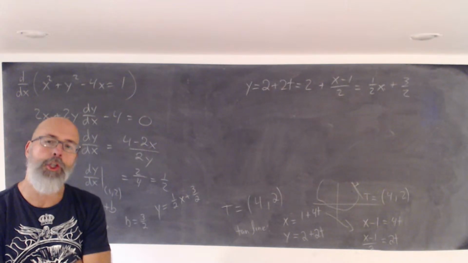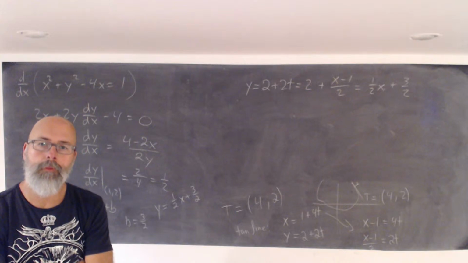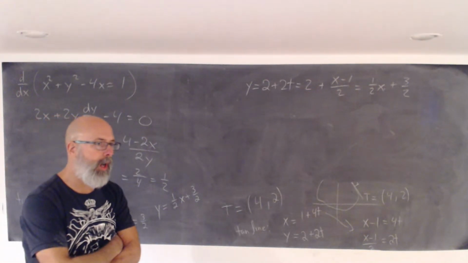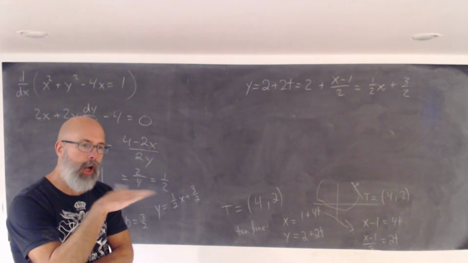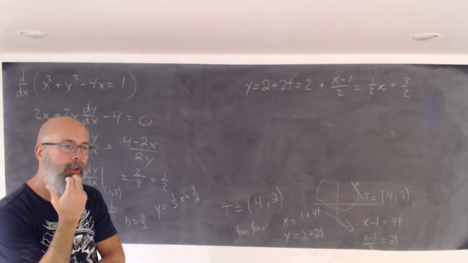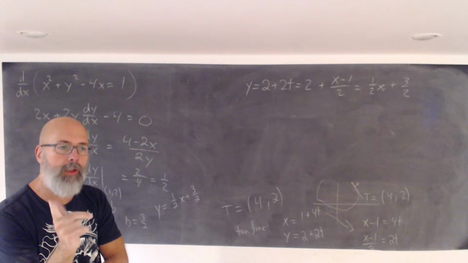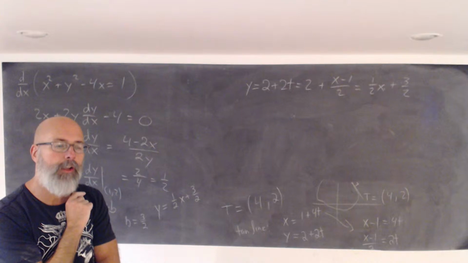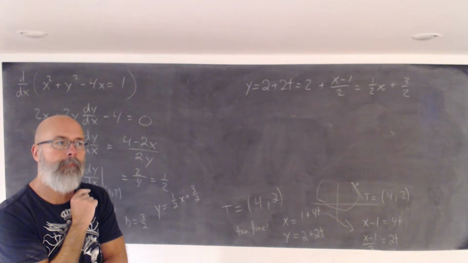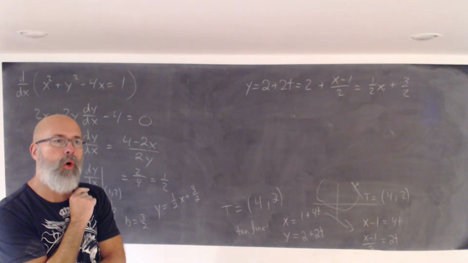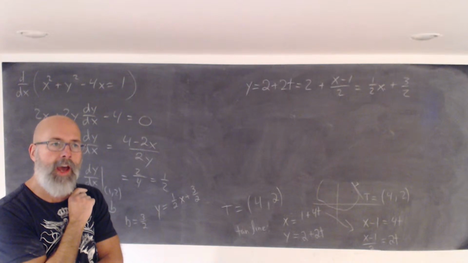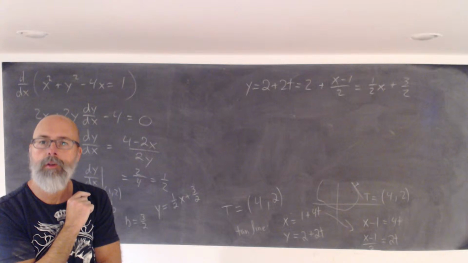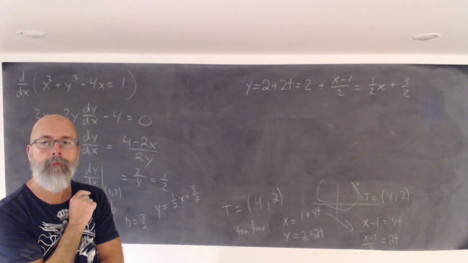If you have a function, that's never going to happen. If z equals f of x, y, for any fixed point (x, y), there's only supposed to be one z value. So you're never going to have two level curves going through the same point, period.